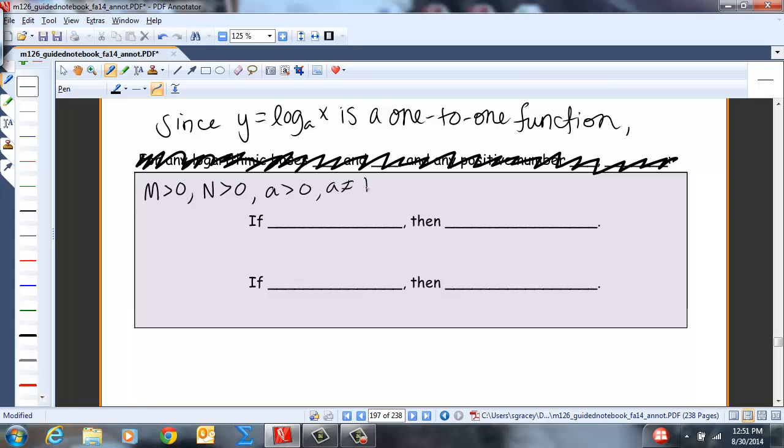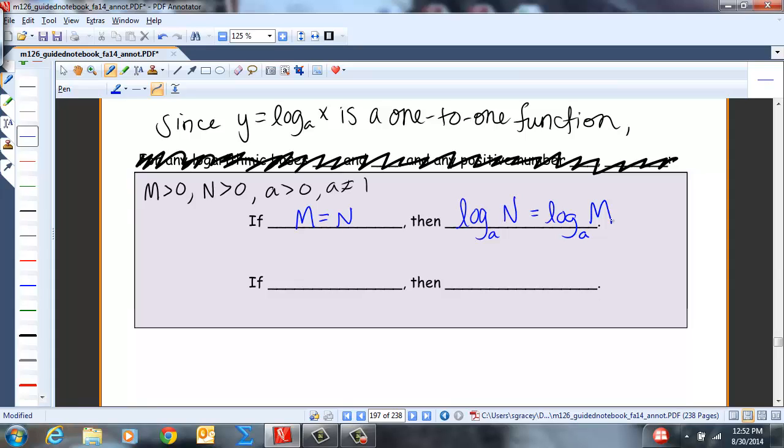And this is how you're going to solve, this way you can solve some log equations. So basically, if m is equal to n, then if you can get a log equation where you have the same base log on either side, right?